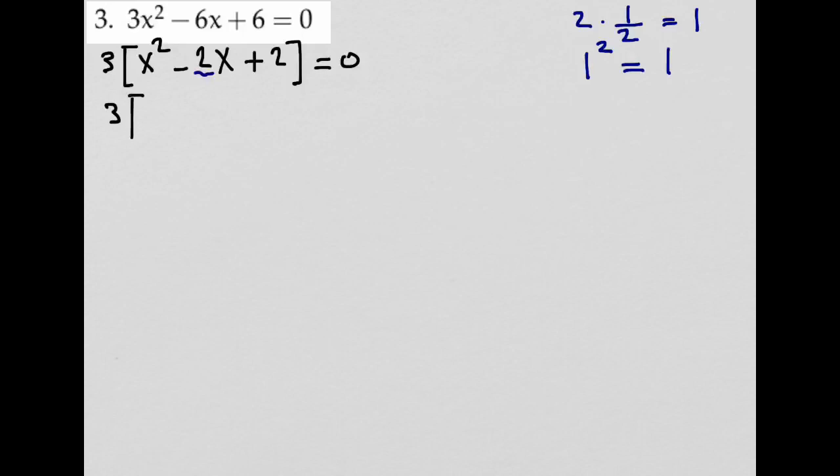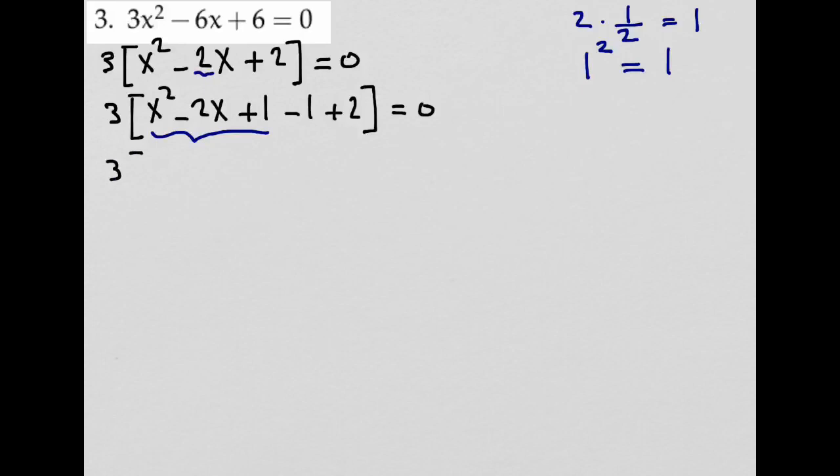We're going to add and subtract 1 on the left-hand side. So 3 times (x squared minus 2x plus 1 minus 1 plus 2) equals 0. As usual, the first 3 terms are going to give us a perfect square, specifically (x minus 1) all squared.